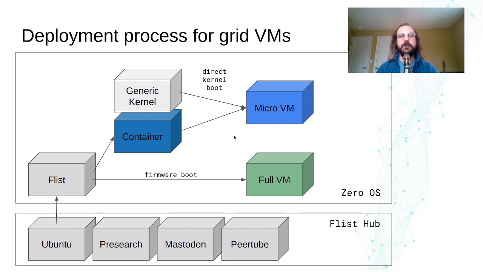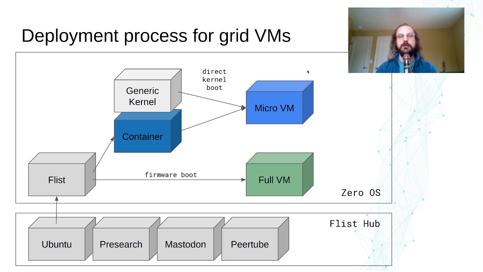In the case of a micro VM, our flist is going to have a container image inside, and 0S is going to attach a generic kernel, and it's going to do something here called direct kernel boot. So instead of booting this from an image using hardware emulation, the hypervisor in this case is going to boot up the kernel from the generic kernel provided here, and then it's going to hand that off to the container, and that becomes a micro VM.